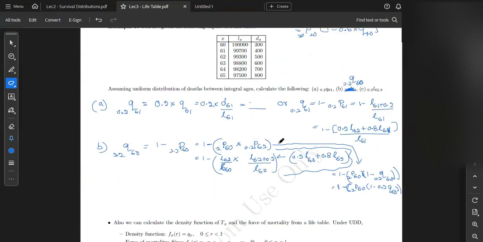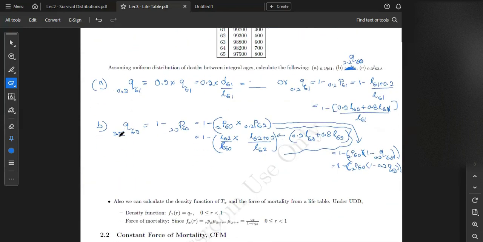So if you have something greater than r, like 2.2, then first get the integer part out. We can take it out if we consider the survival probability, not the death probability.